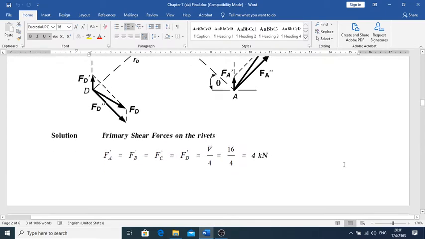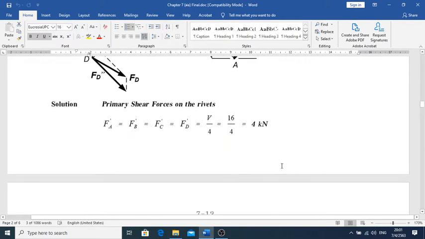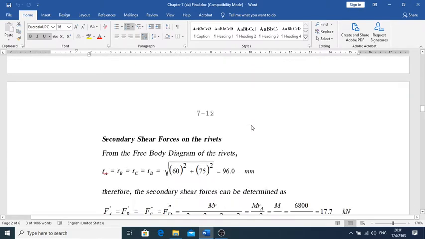So therefore we find the primary shear. Since we have the force of 16, right, we're going to have 16 divided by 4, which is 4 kilonewtons respectively. So therefore, we have a secondary shear. We find by trigonometry R sub A, R sub B, R sub C, and R sub D respectively.